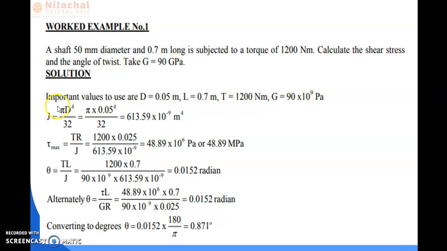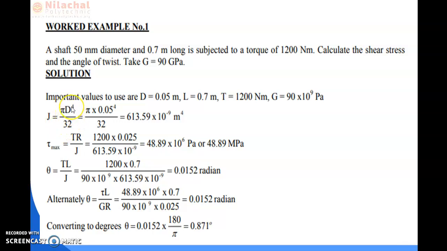First of all, we need to calculate the polar moment of inertia. As only diameter is given, we can say this is a case of solid circular shaft. In case of solid circular shaft, in terms of diameter, the polar moment of inertia is equal to pi d to the power 4 divided by 32.